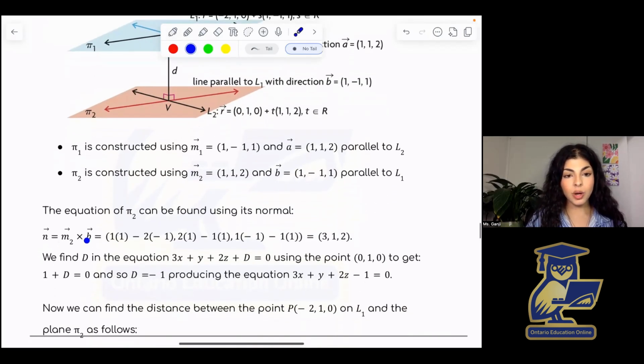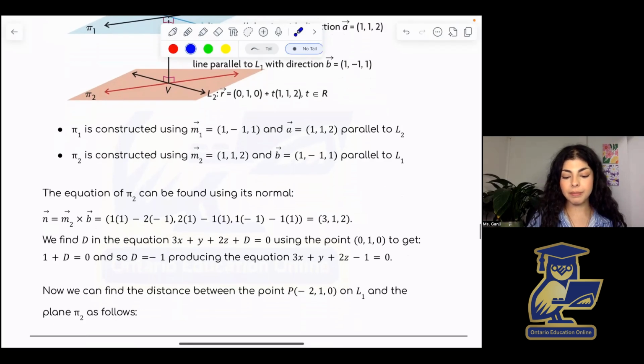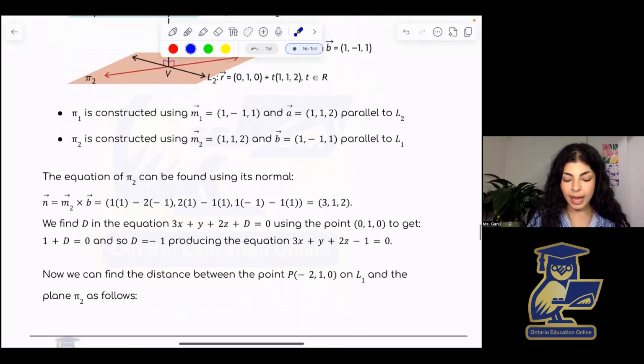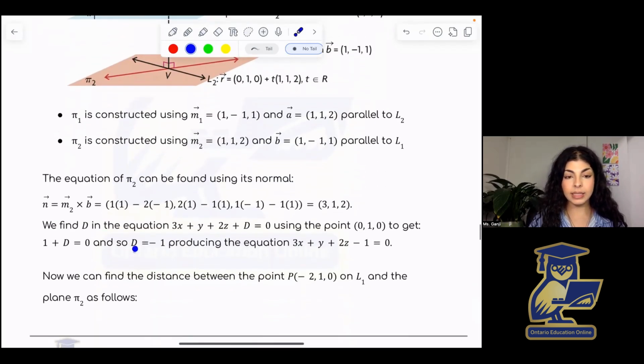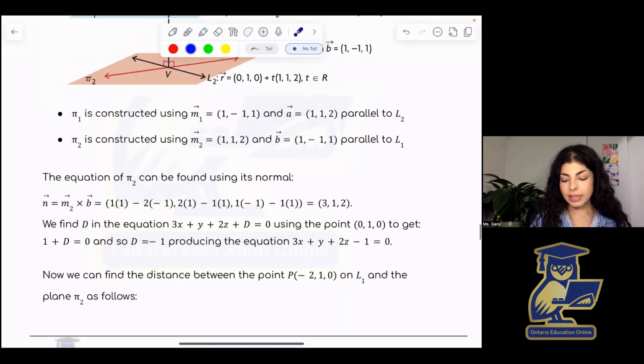So finding this cross product, I end up with 3, 1, 2, and now this actually is my setup for the Cartesian form of the plane 2. So then I have 3x plus y plus 2z plus d is equal to 0. And from line 2, I already had the point 0, 1, 0. And so substituting that in, I get d is equal to -1. So then plane 2 has the equation 3x plus y plus 2z minus 1 is equal to 0.